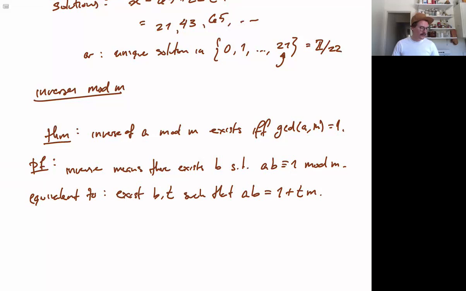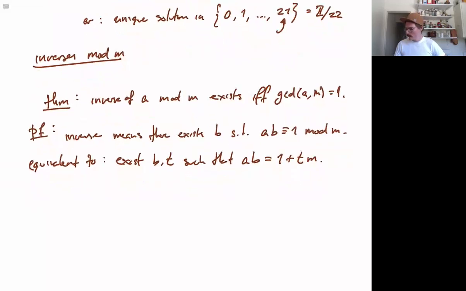And what does this tell us? Well, we can rewrite this equation as 1 equals negative b times a plus t times m, something like this.